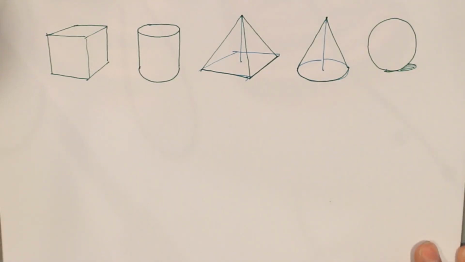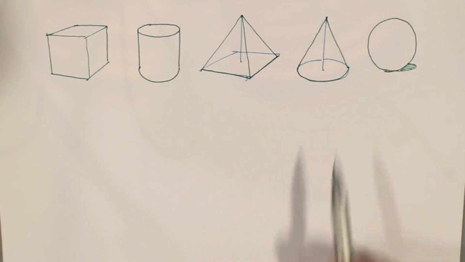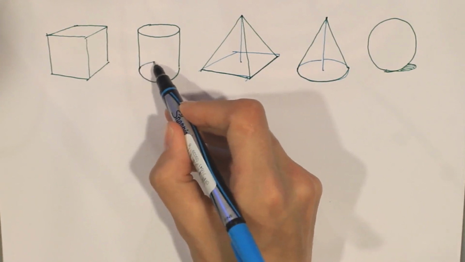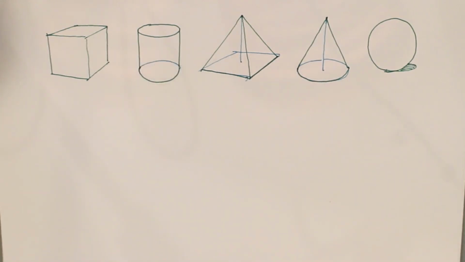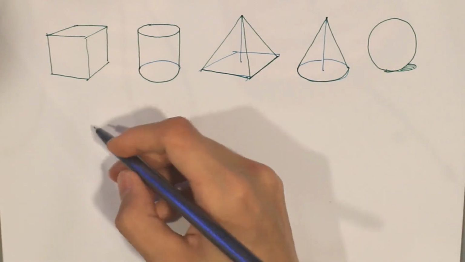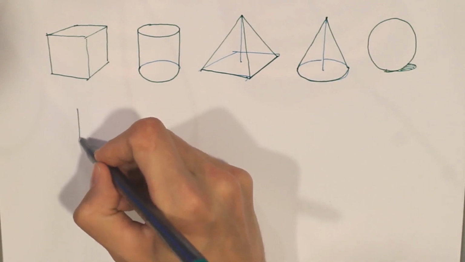So let's break these down just a little bit further. I've already shown you how we can draw through the pyramid and the cone. Same thing if we were to draw through this cylinder here, we could see that this bottom is an ellipse as well. If we're trying to draw spheres, what we can do is create two perpendicular planes in perspective.